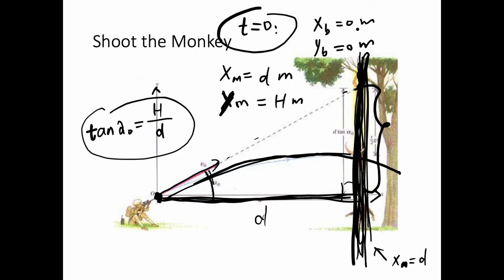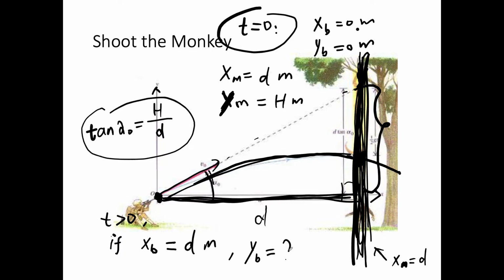We are especially interested in when the x coordinate of the bullet gets to d. As the bullet flies in the air, if the x position of the bullet is exactly d, which means the bullet can be anywhere along this vertical line, what is the vertical position of the bullet?